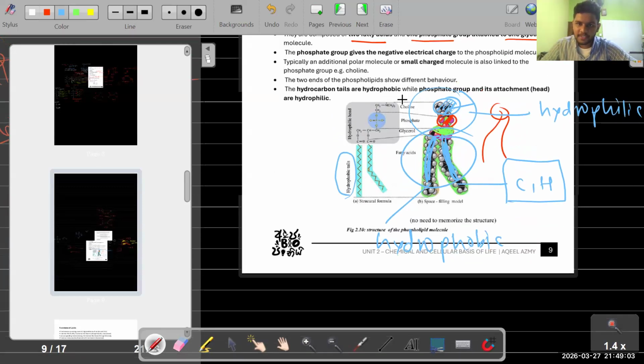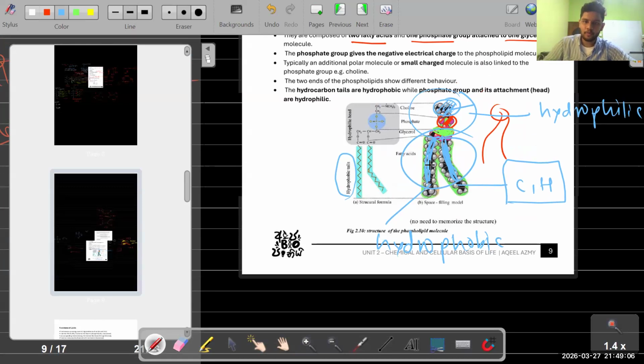So can you see there is an opposite nature, hydrophilic and hydrophobic? Both the ends show different natures, right? And the last point: the hydrocarbon tails are hydrophobic, while the phosphate group and its attachment head are hydrophilic. Attachment head means what? That choline. Choline, exactly.